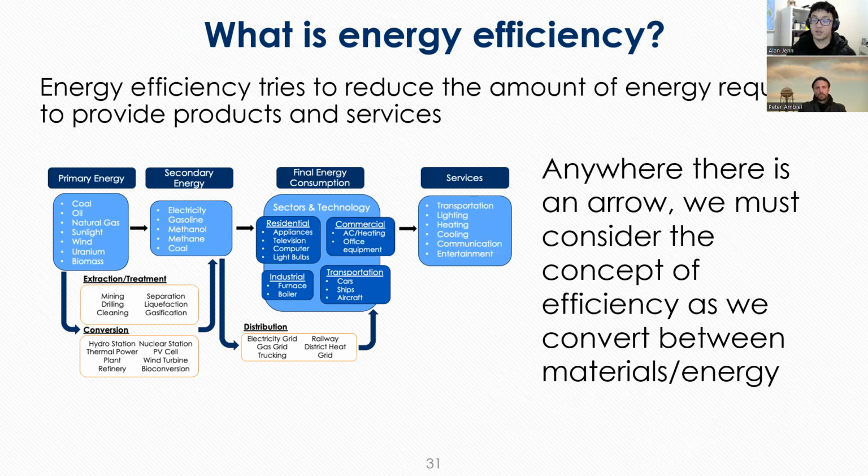Typically, anytime you do an energy conversion process, in other words, anytime there's an arrow in this original diagram, you are going to lose useful energy to heat. And so efficiency is also about what you retain in usefulness as you convert between materials and energy.